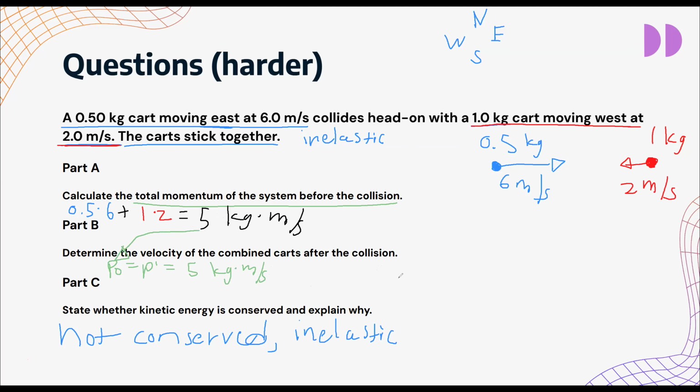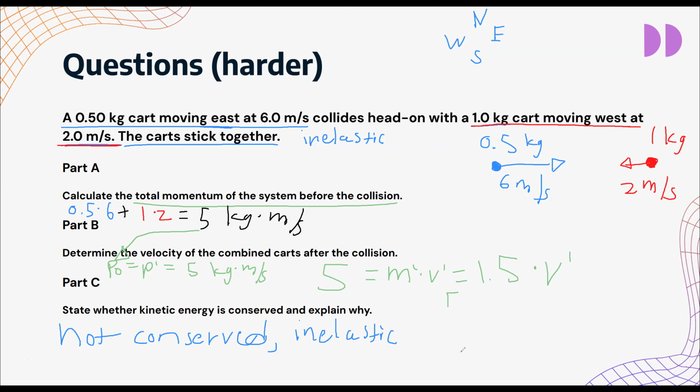So 5 is going to equal the mass after the collision times the velocity after the collision. Since these carts stick together, the mass after the collision is 1.5 because that's the mass of the two carts together. And then the velocity is what we need to solve for.